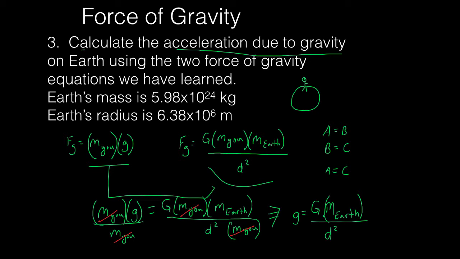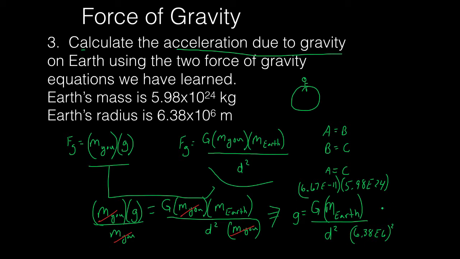And if we plug in these numbers, g will be 6.67 e to the minus 11th. We're going to times that by the mass of the Earth, which we gave you up there, 5.98 times 10 to the 24th, and divide that by the distance squared, which is the Earth's radius, 6.38 times 10 to the 6th, but we've got to square it.